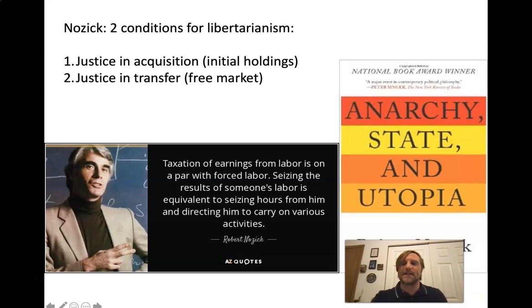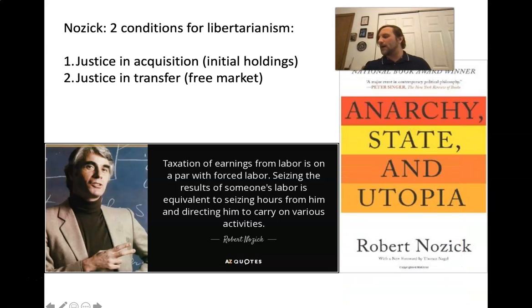One of the classic texts of libertarianism is Anarchy, State, and Utopia by Robert Nozick, although there are a number of books you will probably want to read before you try and tackle that one. So Nozick basically makes two conditions for libertarianism.